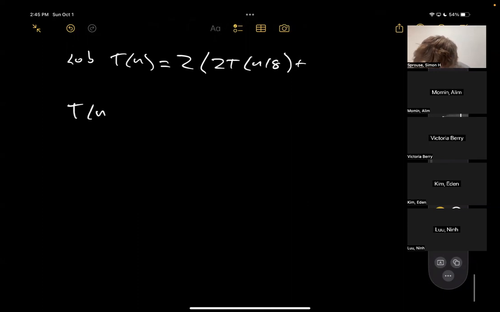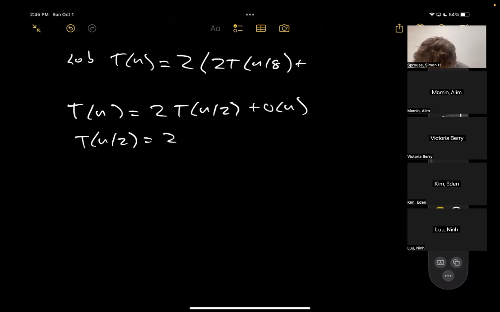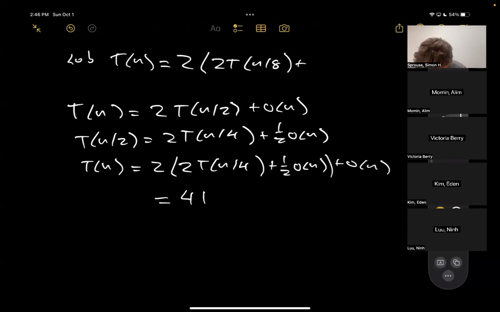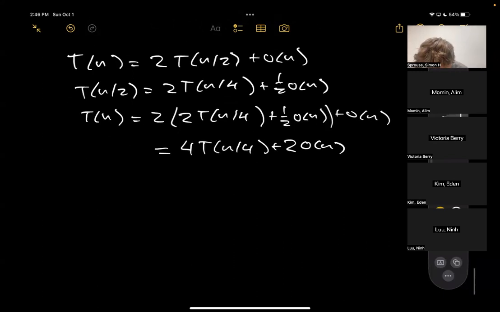So T of n is equal to 2 times T of n over 2 plus n, and then we said that T of n over 2 is equal to 2T of n over 4 plus 1/2 O of n, and then we redefined 2 times... okay, so again, sorry to repeat that so hastily.